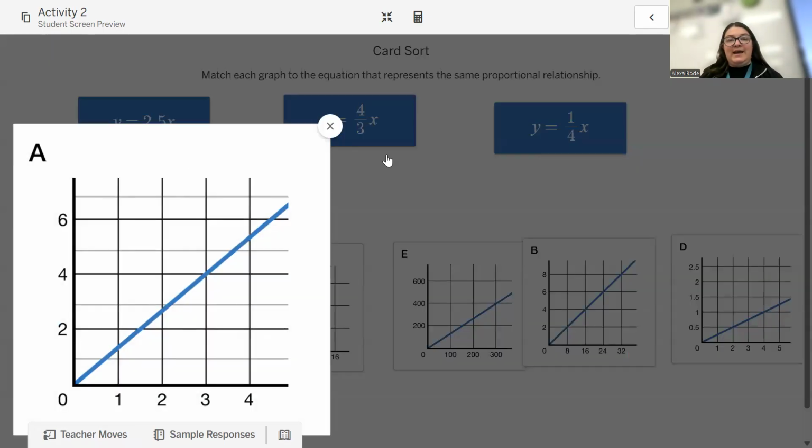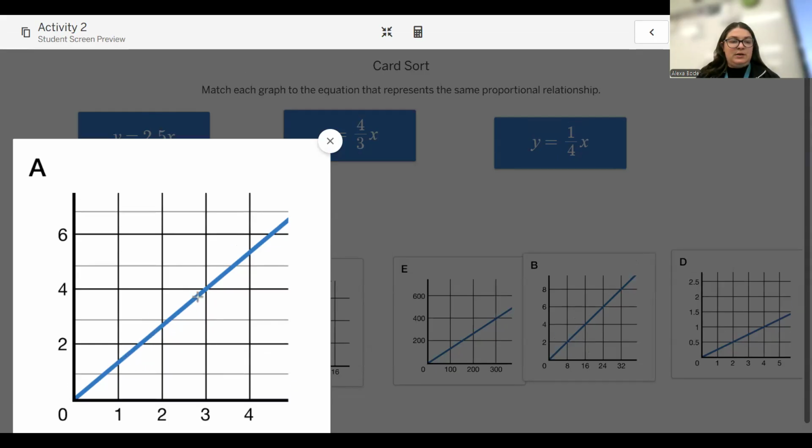So if I'm looking at A here, and I want to find my slope by drawing my slope triangle, I have a pretty point here, and I have a pretty point here, okay? So if I draw my slope triangle in red, maybe I should make this darker or bolder?